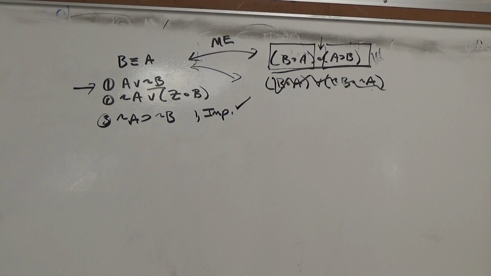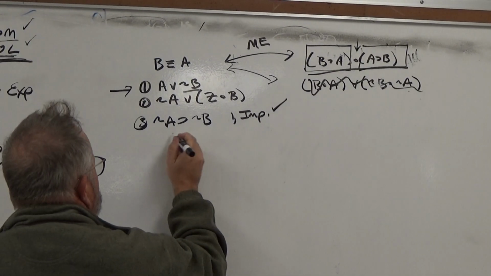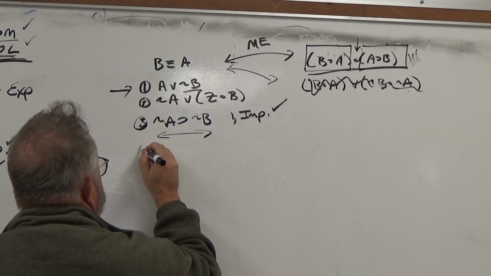Now that not A then not B doesn't seem very helpful, but we have another rule that we haven't used if we were ticking them off, and that is transposition. That lets us swap antecedent and consequence on conditionals, and when we do, they change their signs.